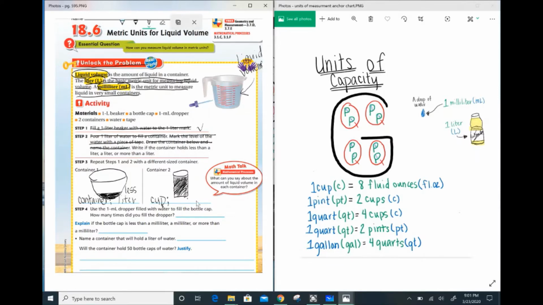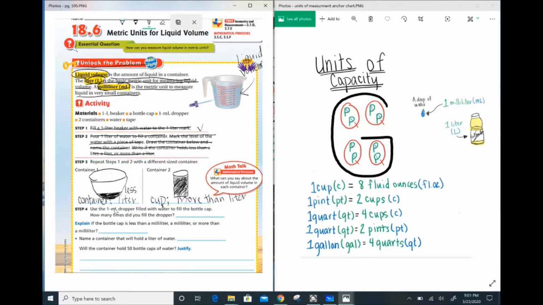I think this one might be more than a liter. Now let's continue on to the next one.